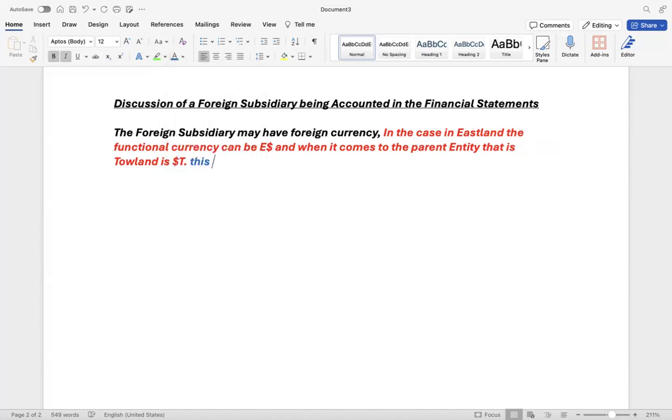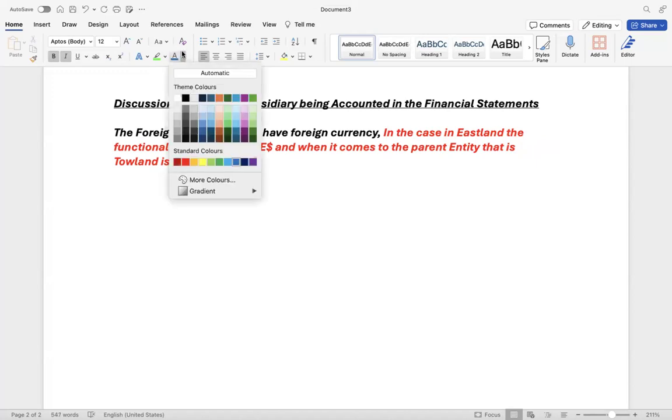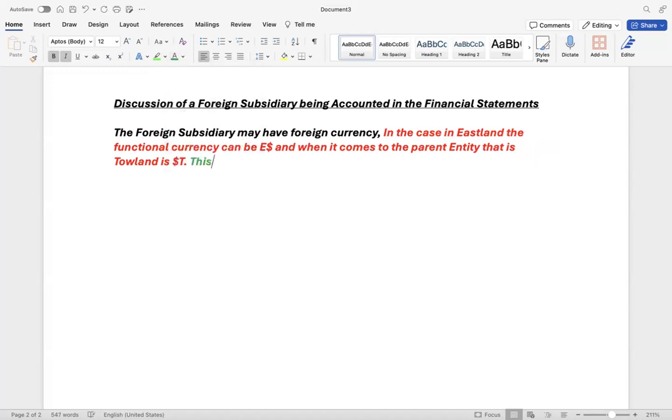This will result in a difference when translating, which is called the foreign currency exchange difference. Currency translation exchange difference.